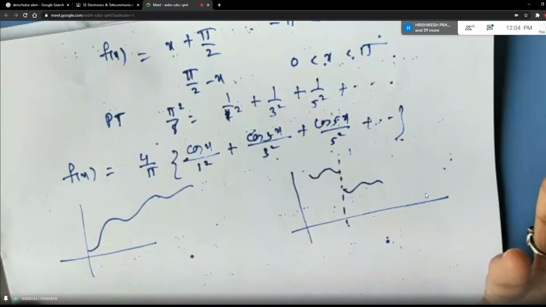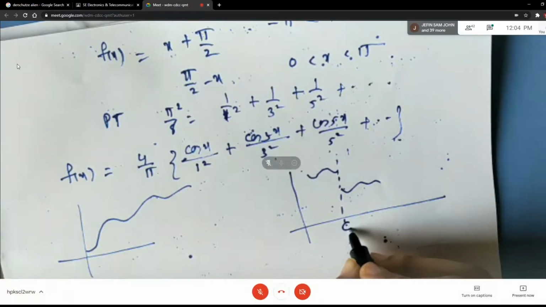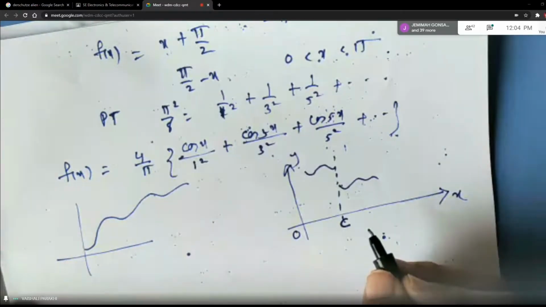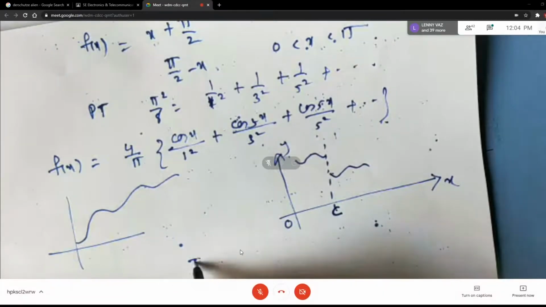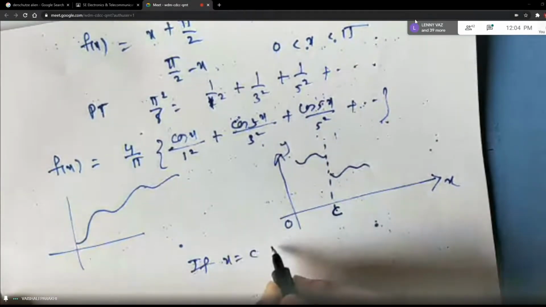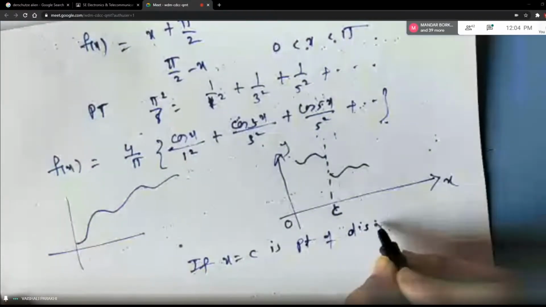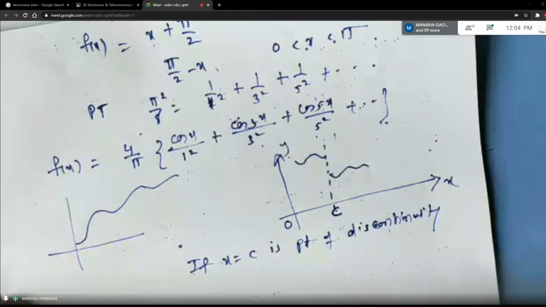Now, in such cases, students, suppose the discontinuity is at the point c here. This is your x-axis, this is your y-axis, and this is 0. So x is equal to c is the point of discontinuity. It is called finite discontinuity.